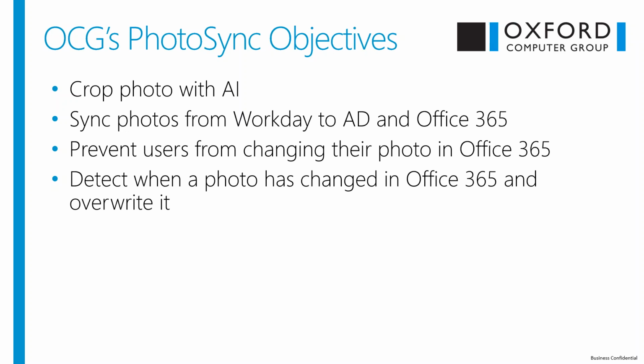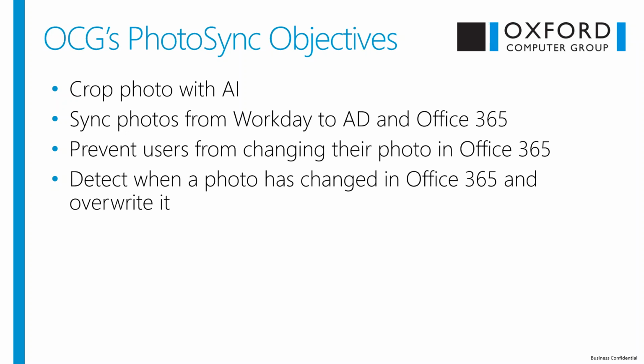And then preventing users from changing their photo in Office 365 is very specific to the Workday downstream solution. Because we want Workday to be authoritative, we don't want different photos in Workday versus Office 365. So we had to have a way to detect the changed photo in Office 365 so that we could revert it back to the Workday photo.